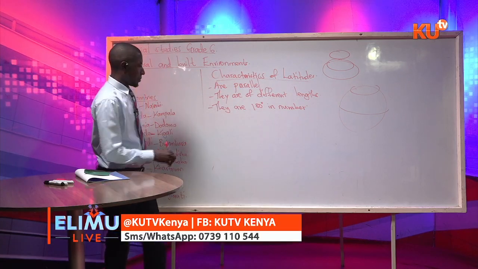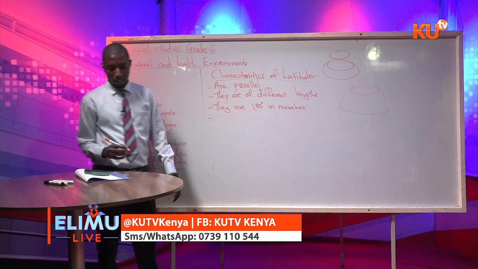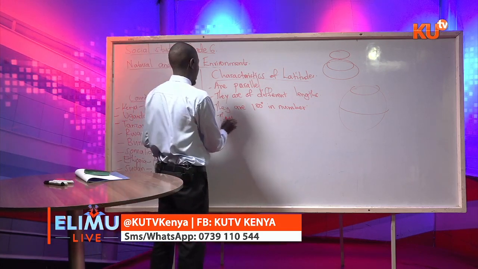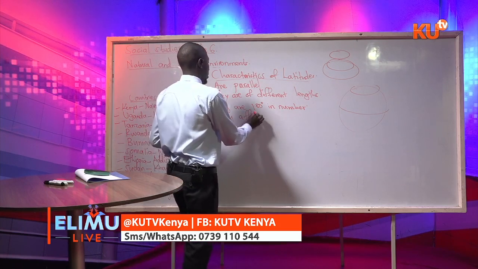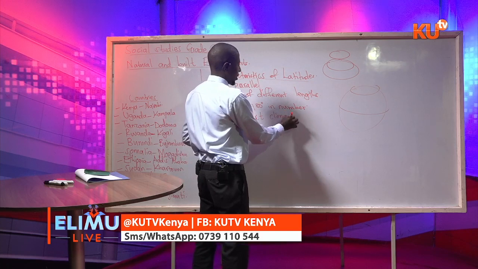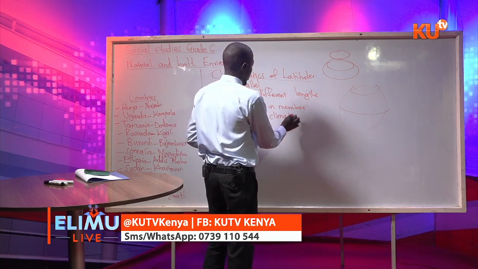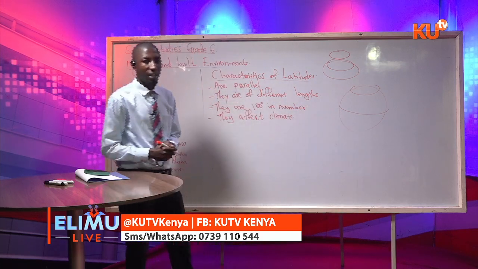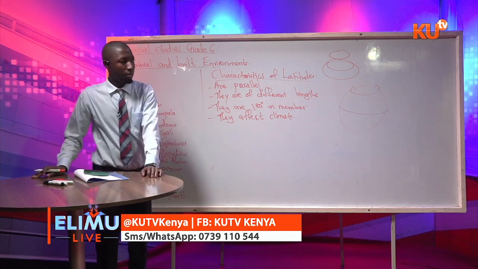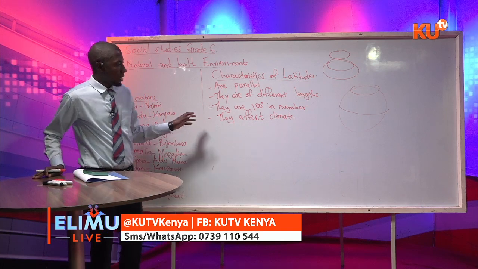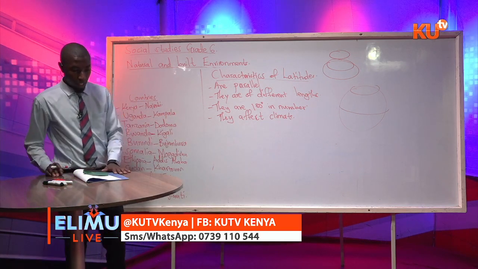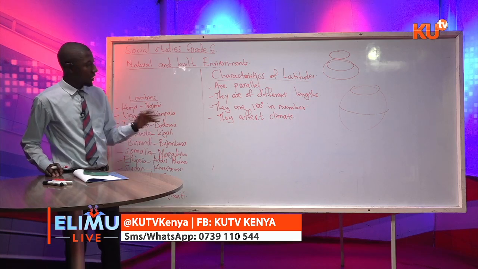Then another characteristic of latitudes is that they affect climate. I told you the nearer you are to the equator, the warmer it becomes. The farther away you are from the equator, the colder it becomes. Those are the characteristics of latitudes.